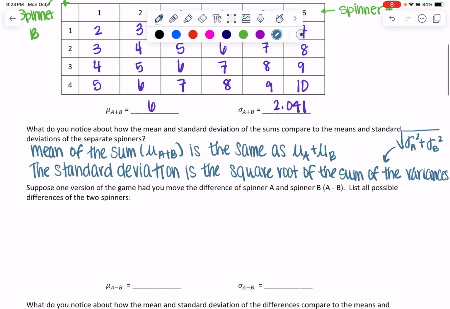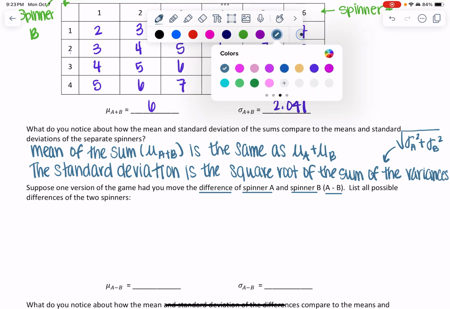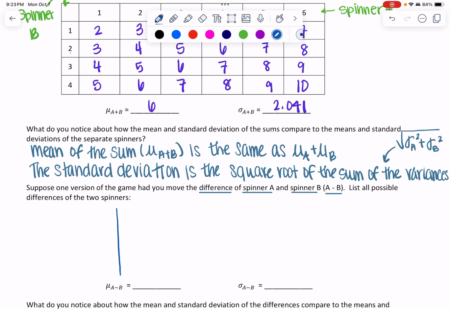Okay, so suppose in one version of the game you had to move the difference of spinner A and spinner B. So you're going to do A minus B. So when we do this problem, we are going to go here and across here.